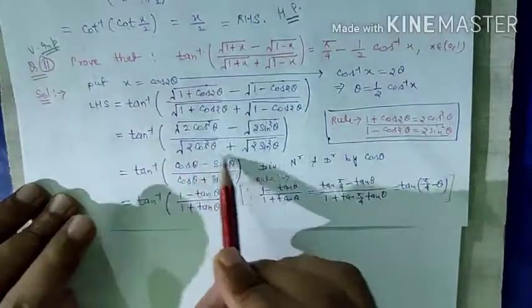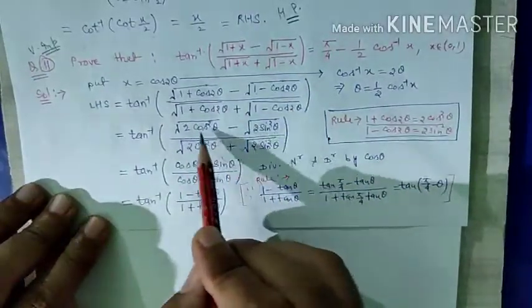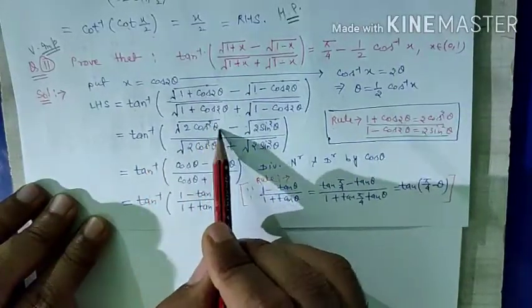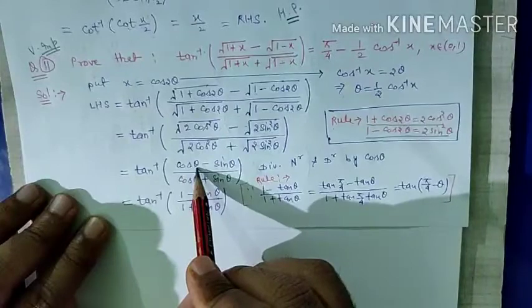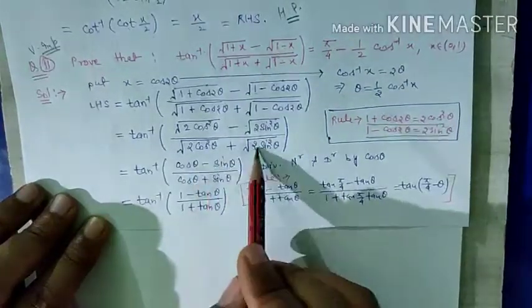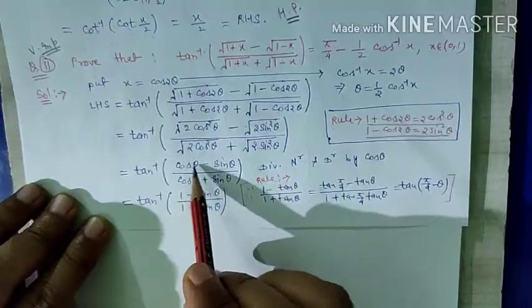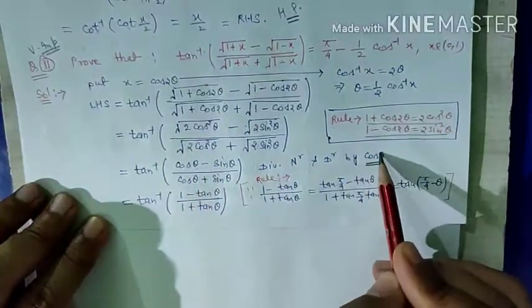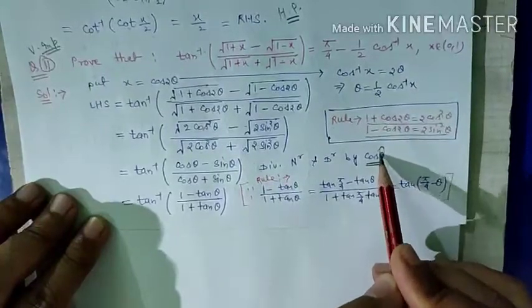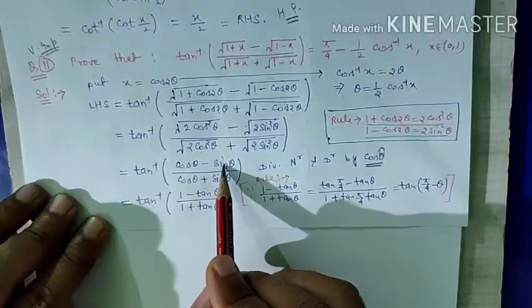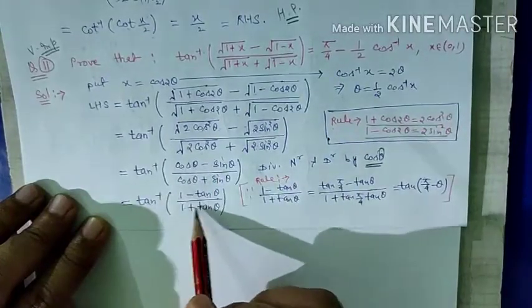I just put the formula in all 4 places. Root 2 will be taken common and will cancel out. Root cos square theta will give you only cos theta, and root sin square theta, sin theta. Similarly this one. Now if I divide numerator and denominator by cos theta, then this will be 1, sin upon cos will be tan, 1 minus tan theta over 1 plus tan theta.